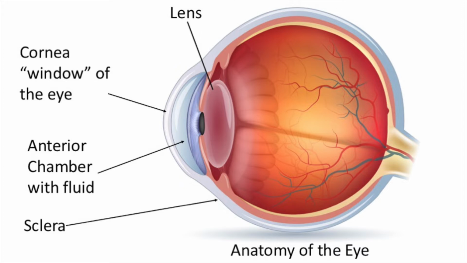And it's responsible for bending most of the light when you're looking, so that when all the light rays come into your eye, they're focused well and crisp onto your retina, and they give you a nice clear image. The lens also bends the light, but the cornea does most of the bending of the light, so that when you look at images, it's clear, it's crisp, it's well defined.